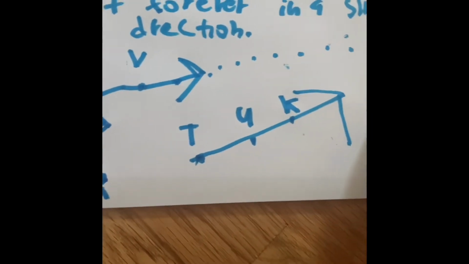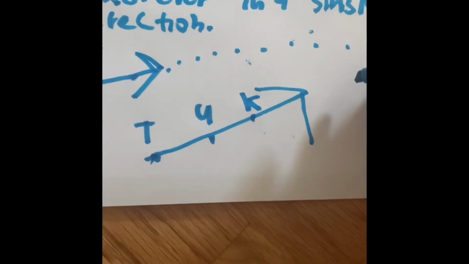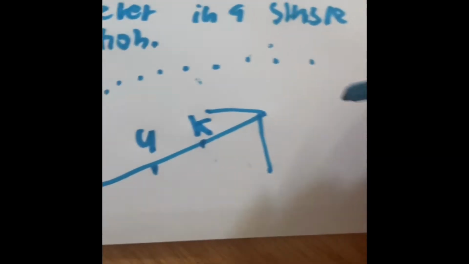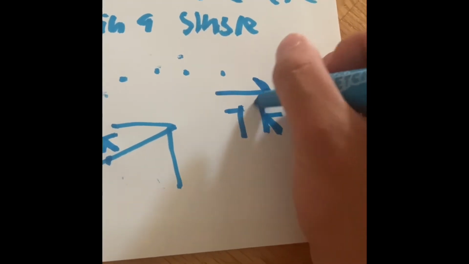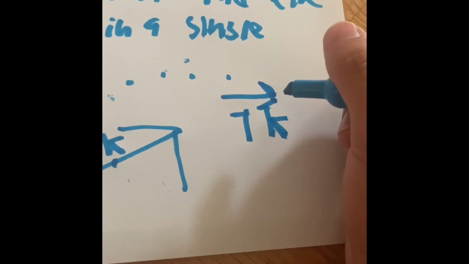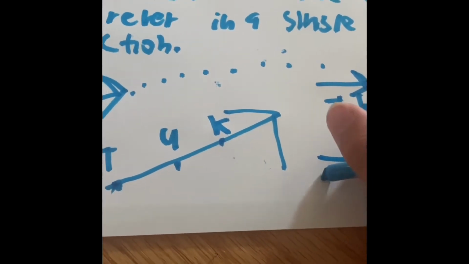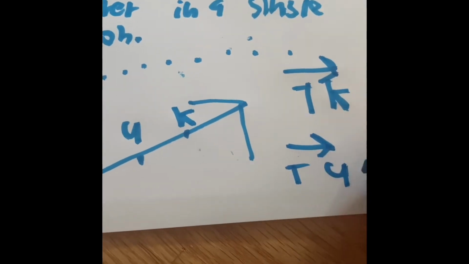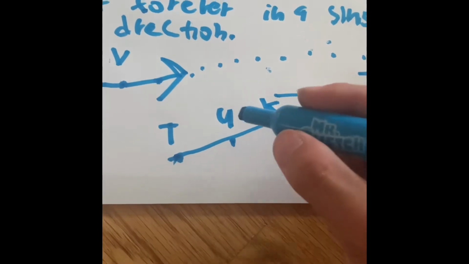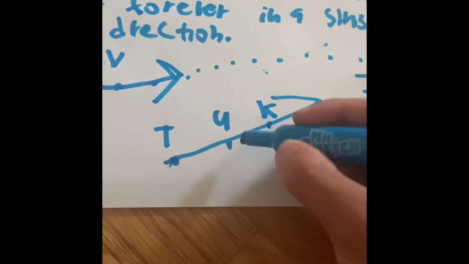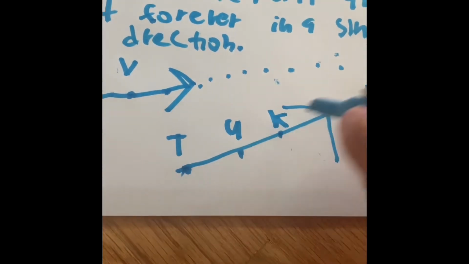The more points you have, the more fun you have. So basically, you can have ray TK, or you can have ray TU. The reason why U, even though it's the middle point, works is because T is firing a laser towards U. That means that it's firing in this direction.